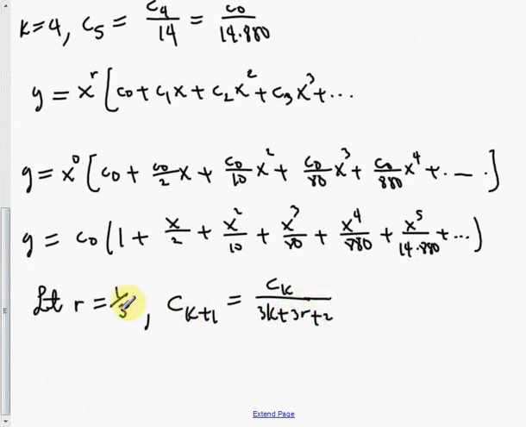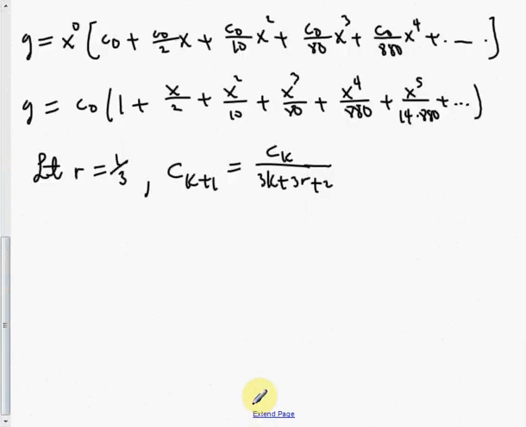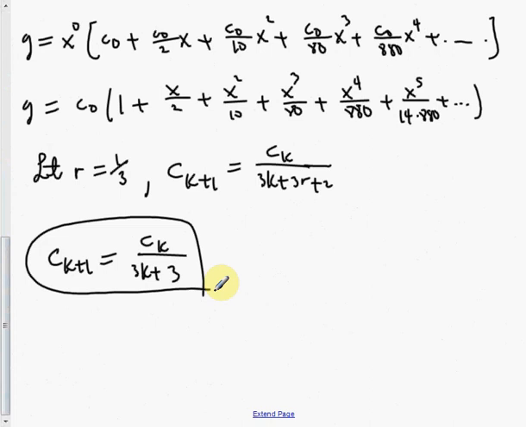So if you let here r equal to 1/3, we get the formula c sub k plus 1 is equal to c sub k over 3k plus 3 times 1/3 is 1 plus 2, we get plus 3. So we use that formula now.